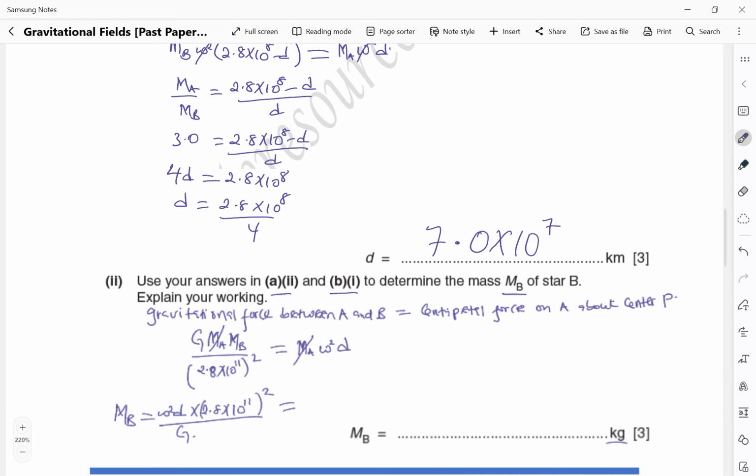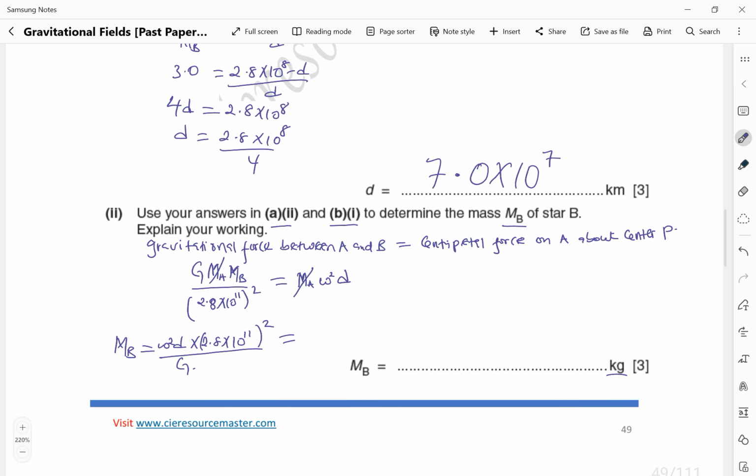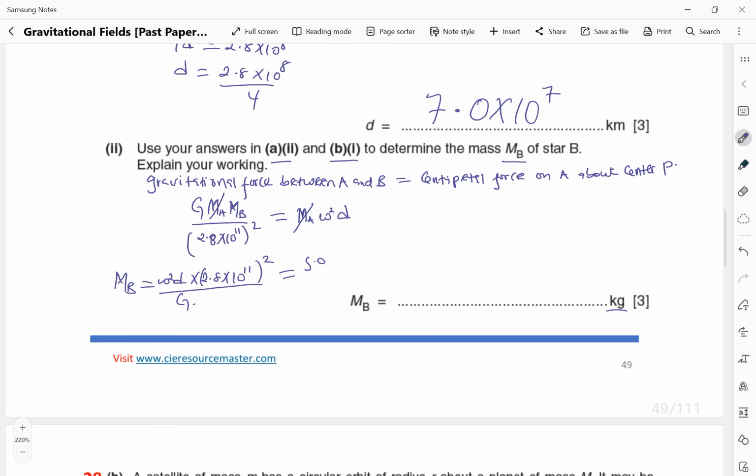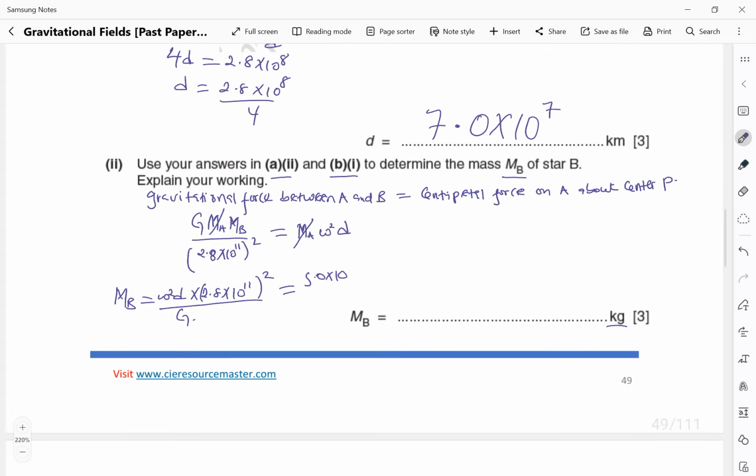It is 5.0 times 10 to the power of minus 8, squared, times D, which is 7 times 10 to the power of 7, times (2.8 times 10 to the power of 11) squared, divided by G, which is 6.67 times 10 to the power of minus 11.